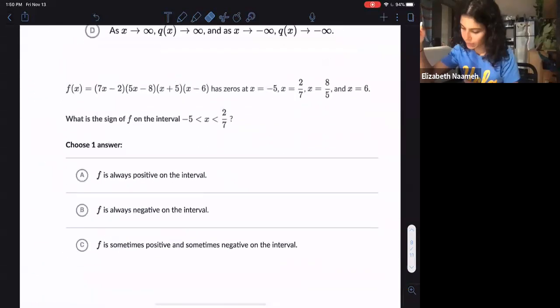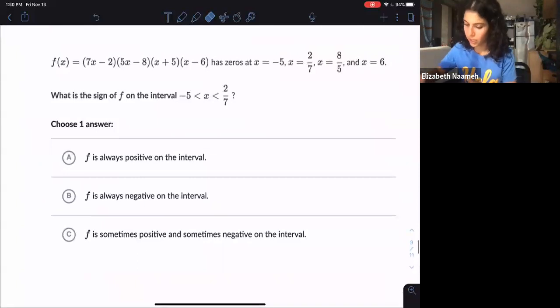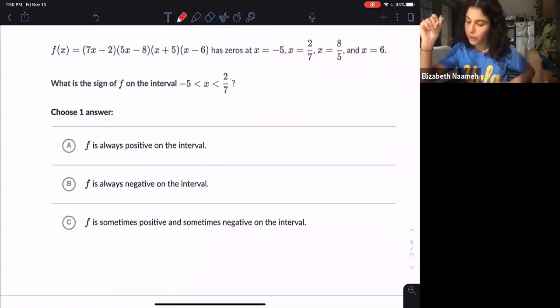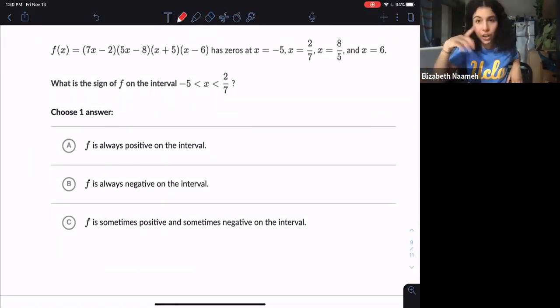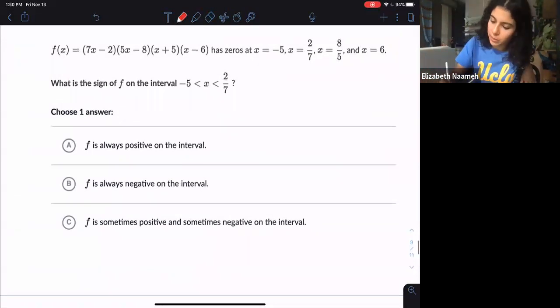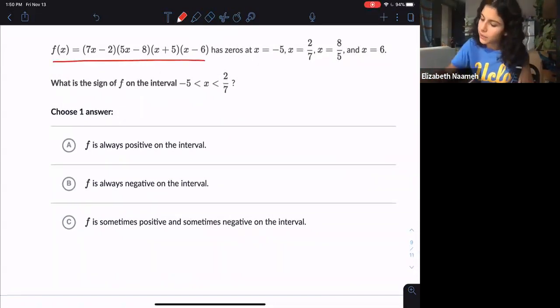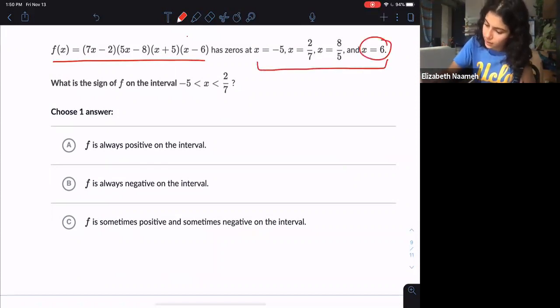All right, second to last. See if you can do this on your own, because this was just like the first problem that we did today. So they're telling me I have a function. They've already factored it for me. They're even telling me the zeros, and you can verify x equals 6 comes from here.